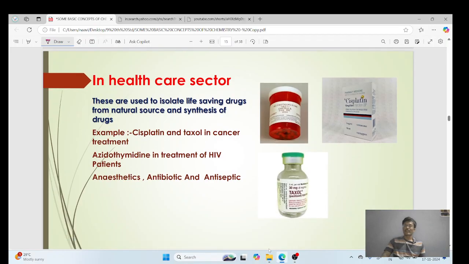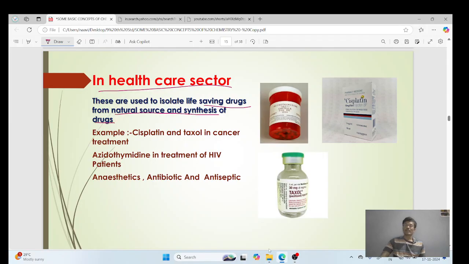Chemistry is also used in the healthcare sector. Here there are drugs from natural resources and synthesized drugs.